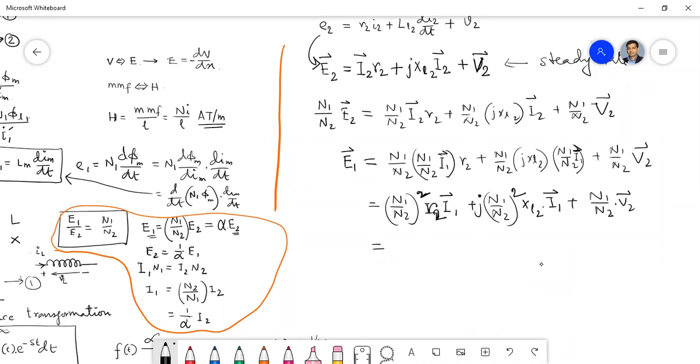It doesn't have a unit, no dimension. So N1 by N2 whole square into R2 is a resistance in ohms, another resistance, which we can write as R2 prime. This is also another reactance, which we can write as XL2 prime. And this is another voltage, which we can write as V2 prime.